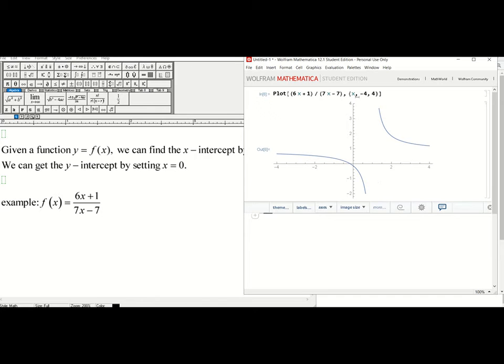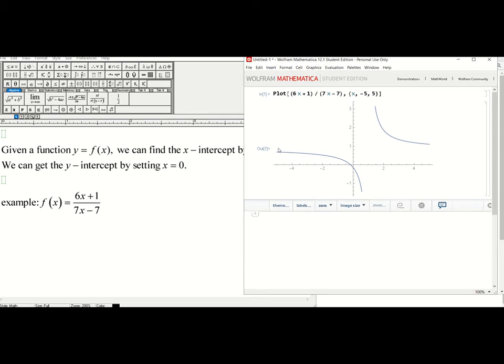If we zoom out a little bit, you'll be able to see that on here. Then we have a horizontal asymptote at 6 over 7, which we'll be able to find later. And we can see an x-intercept here and a y-intercept right there.